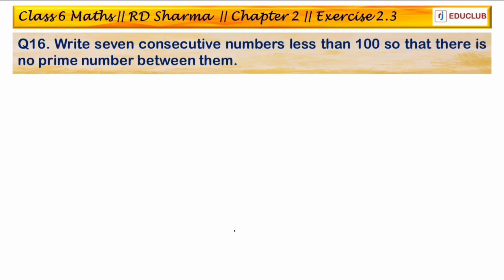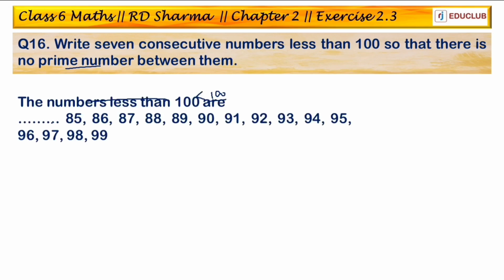Now write 7 consecutive numbers less than 100 so that there is no prime number between them. We have to write 7 consecutive numbers less than 100, and no prime number should be between them. Now let us see.